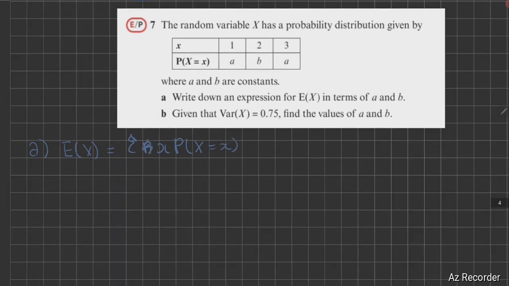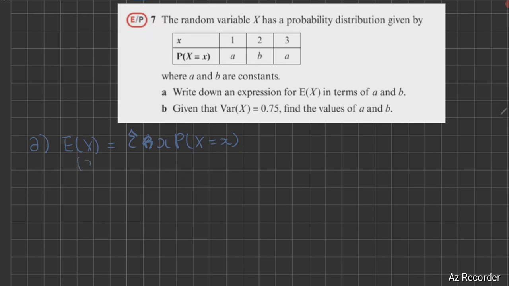Okay, so x times the probability of x, add x times the probability of x, add x times the probability of x is all equal to E(x). This works out, sorry, this should be 1.